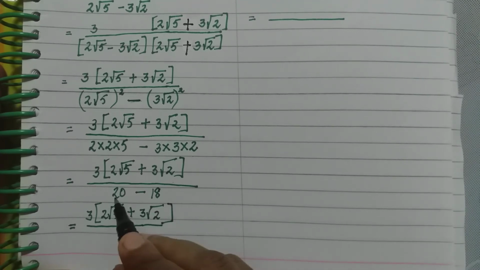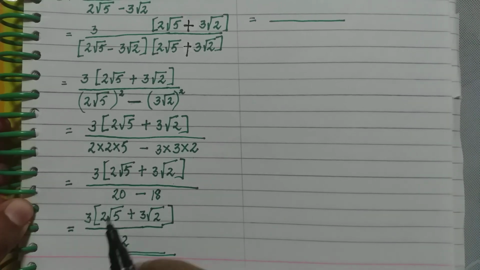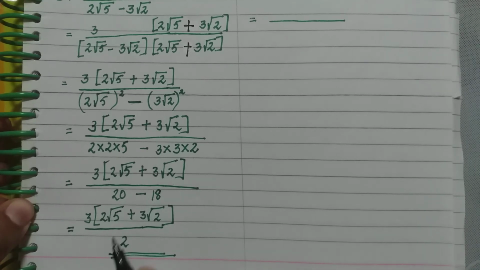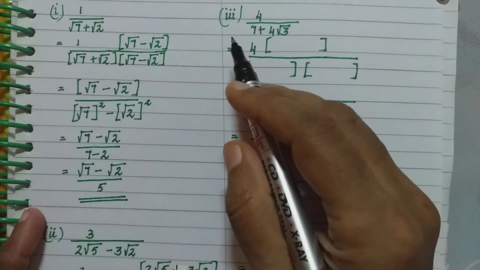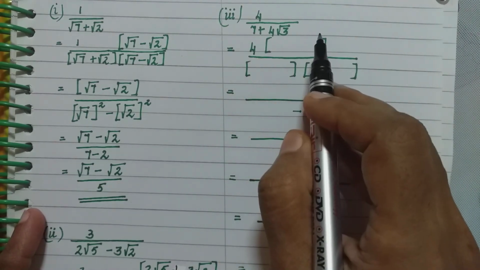Close the bracket. 20 minus 18 is 2. So the answer is 3 into 2 root 5 plus 3 root 2 upon 2. The denominator is rationalized. There is no square root sign now. See the third question now. 4 upon 7 plus 4 root 3.